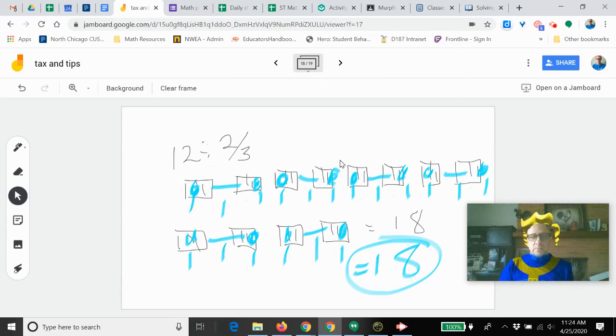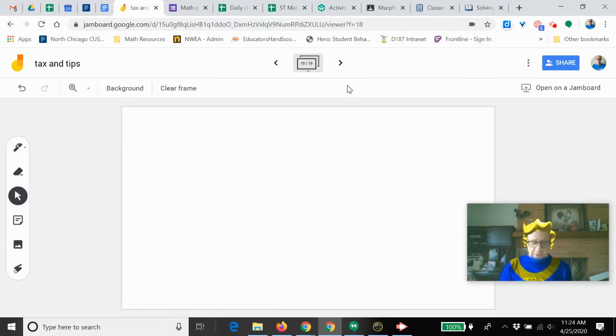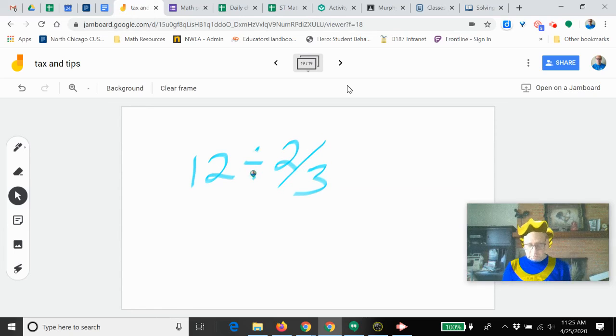Okay. How do you do it? The easy way, rather than making all those boxes and counting them up, is to realize that division is the inverse of multiplication. So 12 divided by 2/3 could be written as 12 divided by 2, but it's easier to say the inverse of division is multiplication.